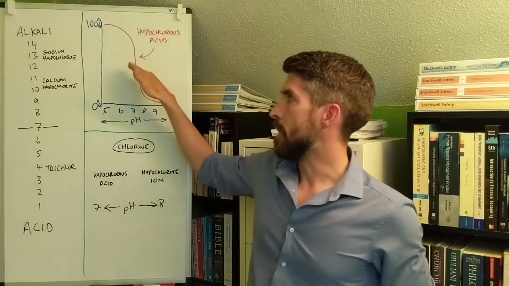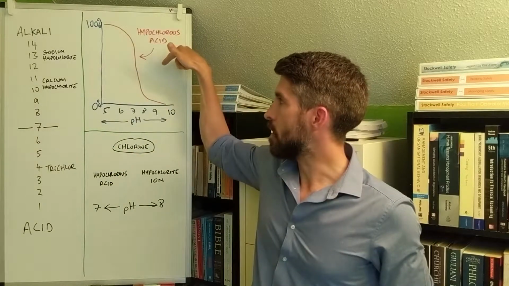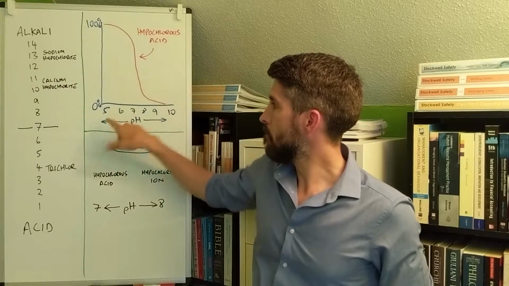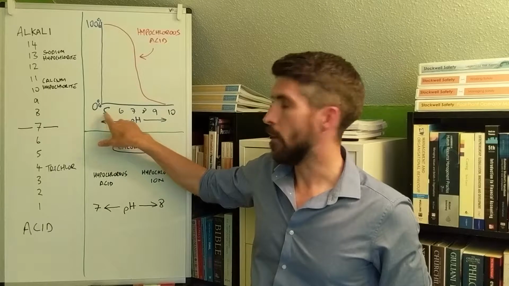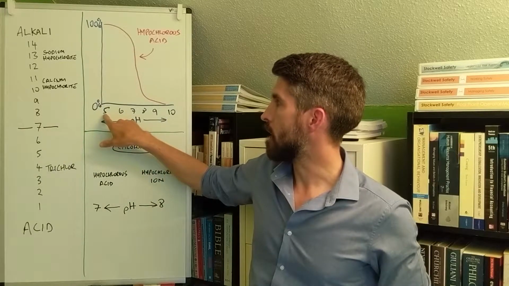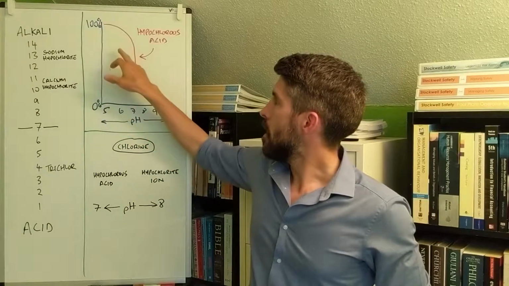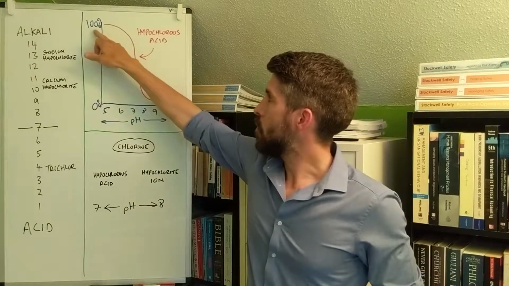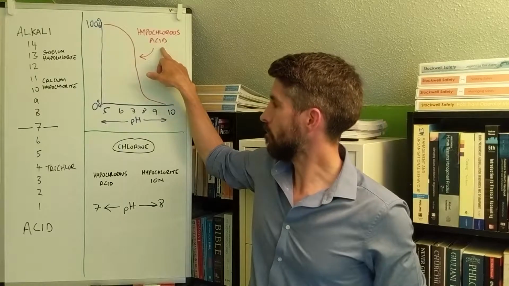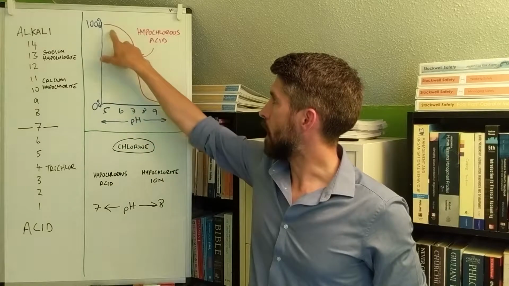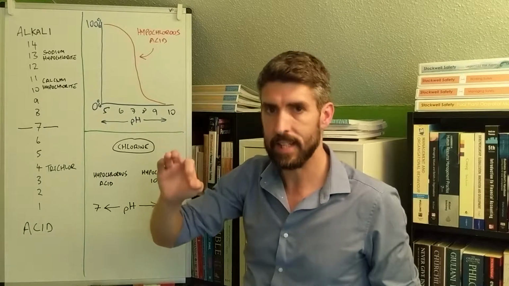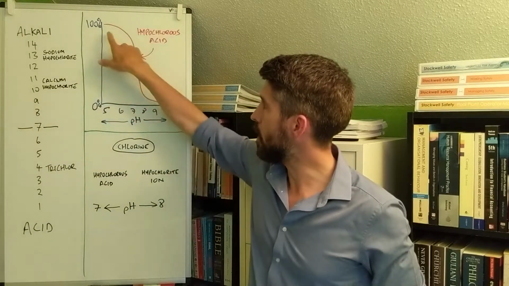If you look in this top bit here, you can see that the influence of pH is quite dramatic, because if you've got a pH level of 5, obviously far too low for swimming pools, but say you had a substance with a pH level of 5, at that level 100% of the chlorine is going to be in the form of hypochlorous acid. But look what happens to the level of hypochlorous acid you get. Remember, it's the hypochlorous acid that's the disinfecting part of chlorine.